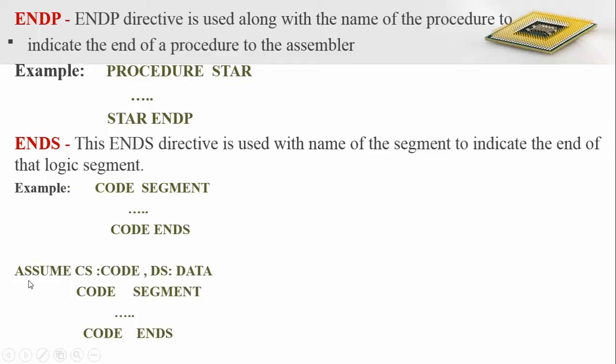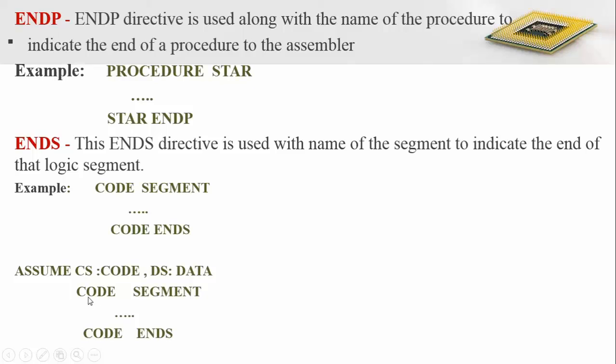Okay, so consider this: ASSUME CS:CODE, DS:DATA. This indicates that the code of our program is present in a particular code segment labeled as code, and the data needed inside our program is stored in a particular data segment labeled as data.